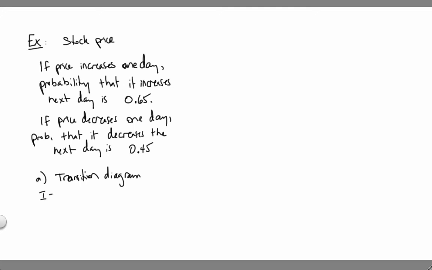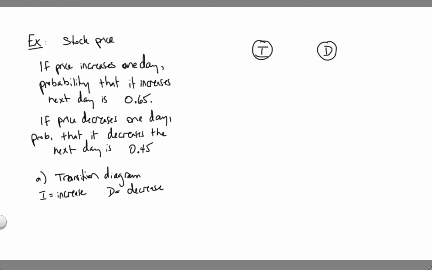So maybe it would make sense to go I for increase and D for decrease. And we're just going to draw a diagram that looks like this. So our two states are increasing and decreasing, so I and D, not I and N. Okay, and then let's start to draw some arrows.